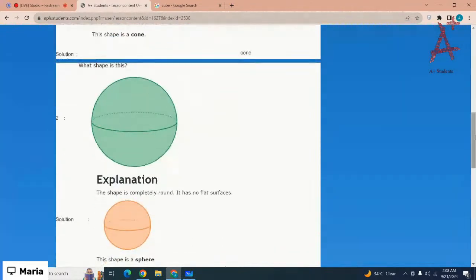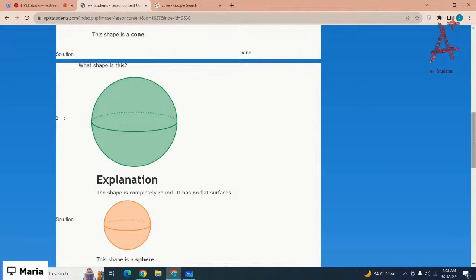Okay, the next one: what shape is this? That is actually a ball, right? You can play with your ball. The ball is actually a sphere, not a flat surface, and your ball is also a three-dimensional shape. You can relate things to your real life. You can see three-dimensional shapes in your real life.